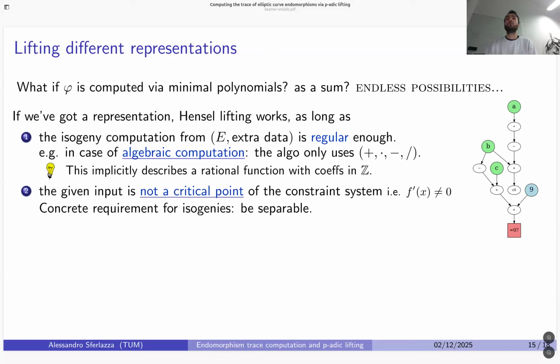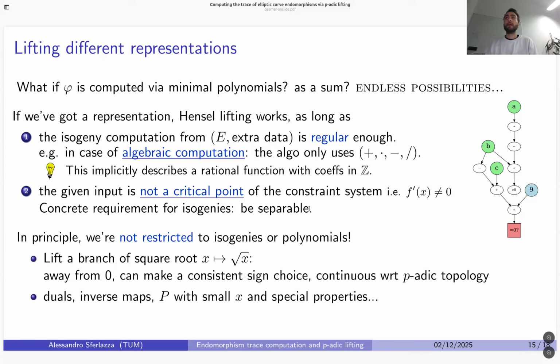So for example, we usually need isogenies to be separable, because for inseparable isogenies, we get, for example, the x coordinate of the isogeny that is a p-th power. So whenever we differentiate that, we get p times something, which is 0 modulo p. And that's why we require isogenies to be separable.